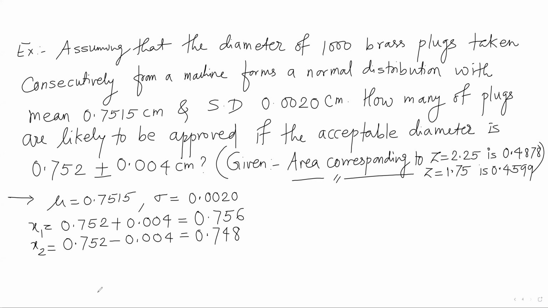Now what I have to do is we always take the standard normal variate. This is the process actually. So we always take z as (x minus mu) by sigma, where mu is given as 0.7515, divided by sigma, the value of the standard deviation, provided as 0.0020.